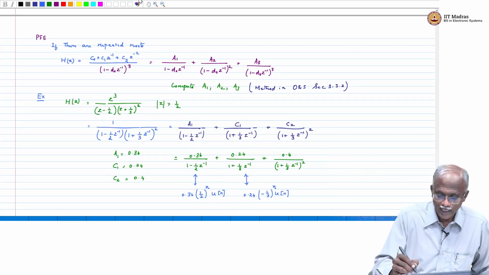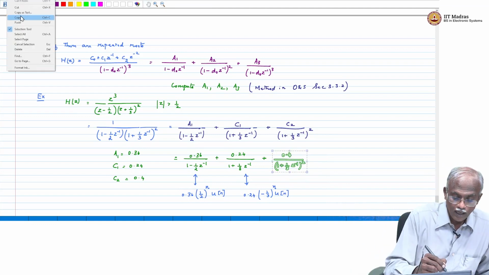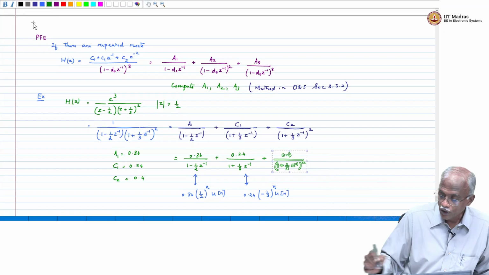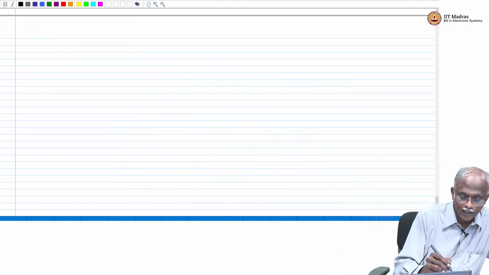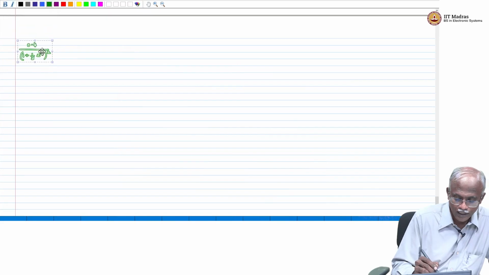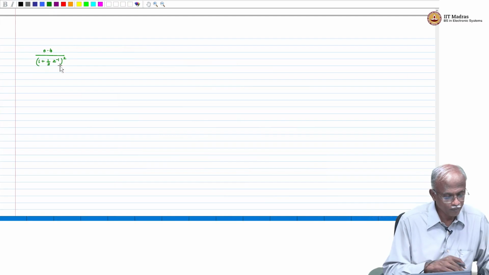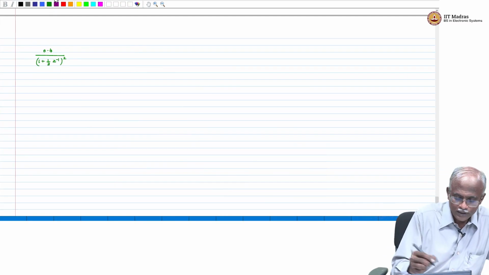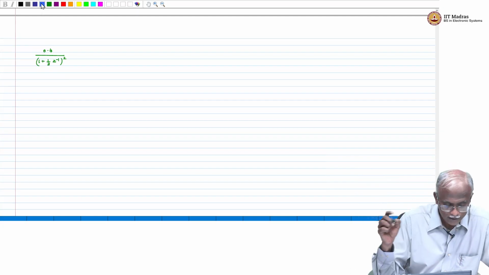Now of course the last part is this term. Again I want to take a few minutes to do the inverse z transform for this, so that it will be something that you will be comfortable with doing. How do we get the inverse z transform for this? So the first thing to note is what is the property that we have in the table.